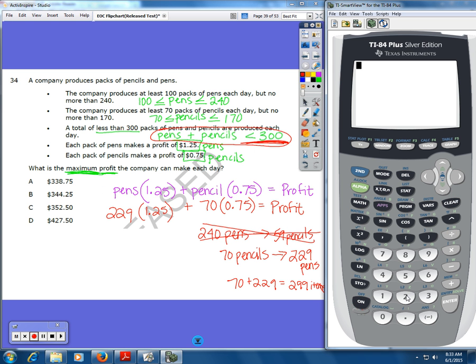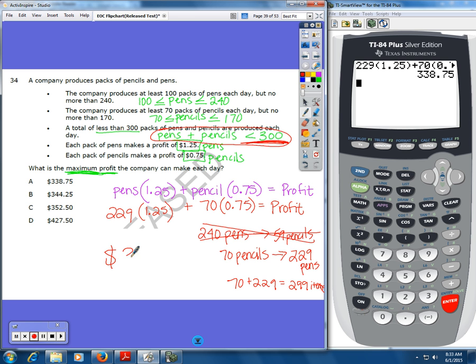So I'm going to put 229 pens times $1.25 each plus 70 pencils times 75 cents each. Okay, so that would give me a profit total of $338.75. So that's the largest profit I'm going to be able to make and still be within those constraints that they gave.